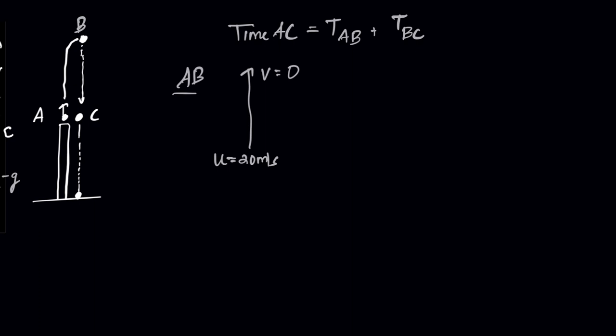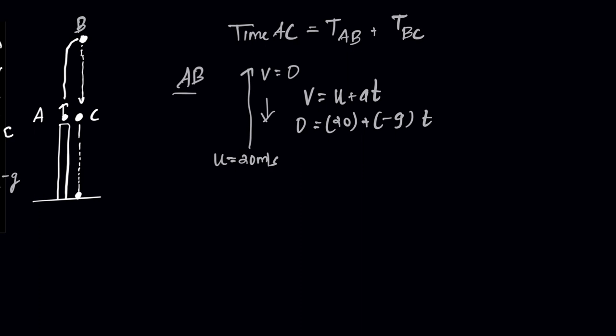So here, if I write the first equation of motion, we have v is equal to u plus at, in which case v is 0, u is 20, and a is minus g, because acceleration due to gravity is acting downwards, into t.